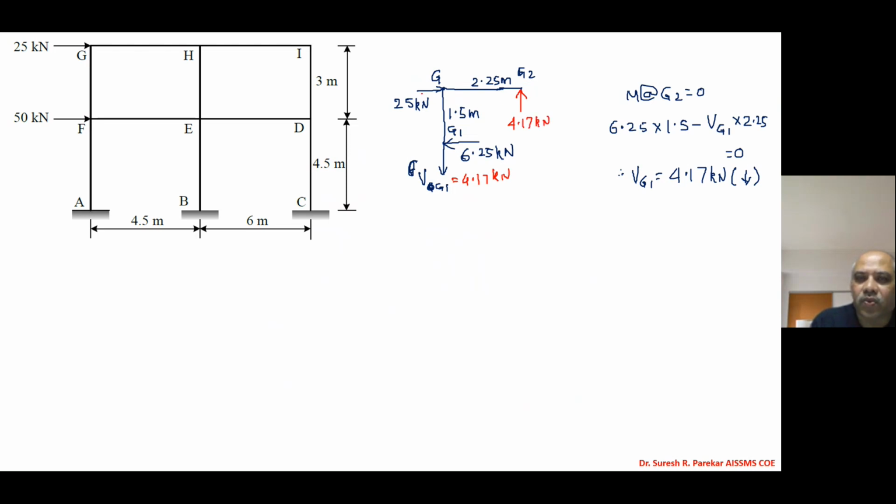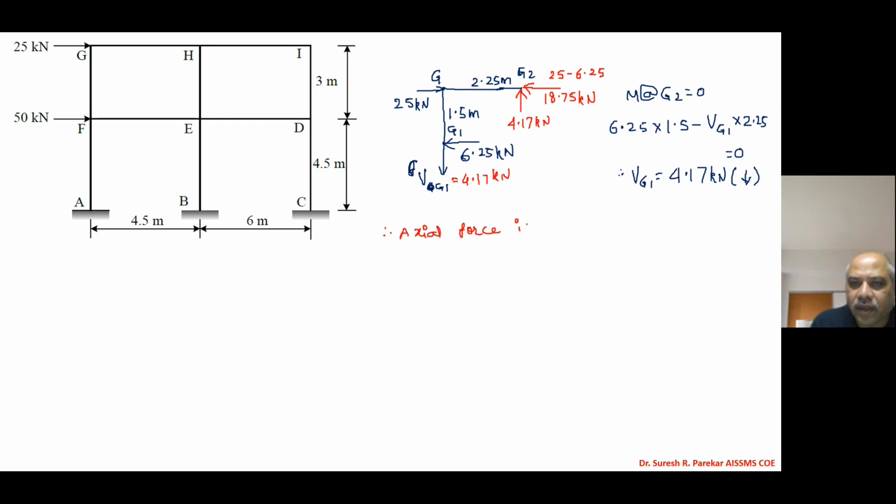As 25 is towards the right and 6.25 is towards the left, we get 25 minus 6.25, which equals 18.75 kilonewton.